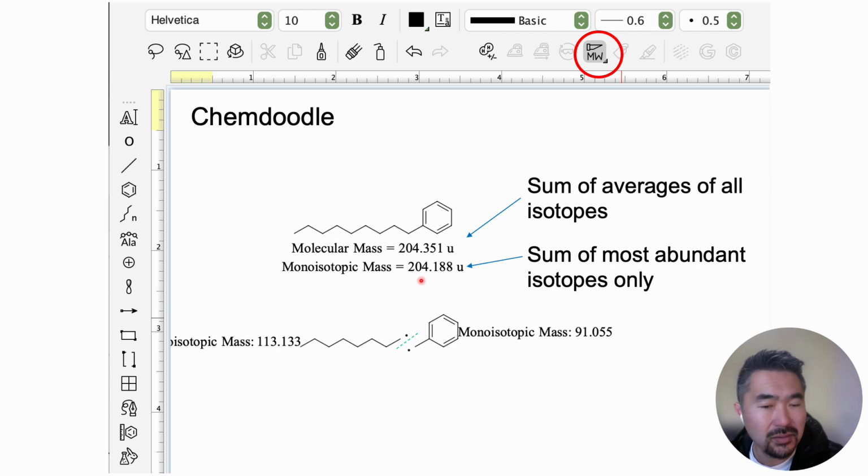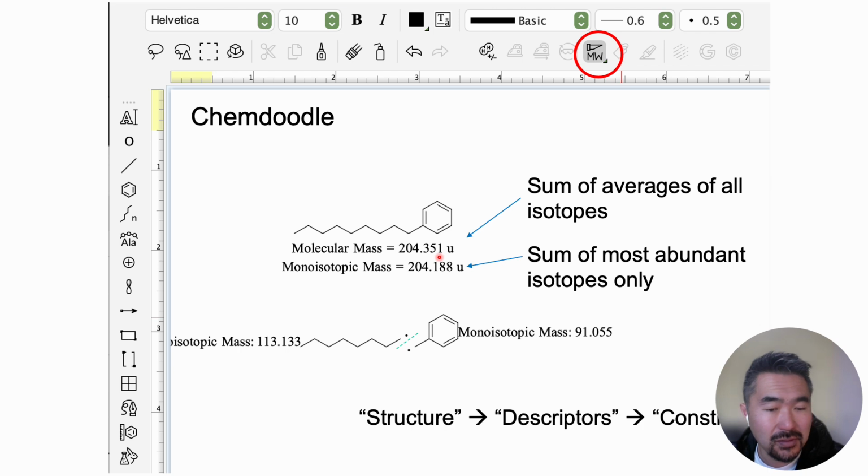Now, if you want to call these functions in ChemDoodle, you go to the menu, click on structure, then descriptors, then constitutional, and you should see these menu items: molecular mass and isotopic mass depictions.